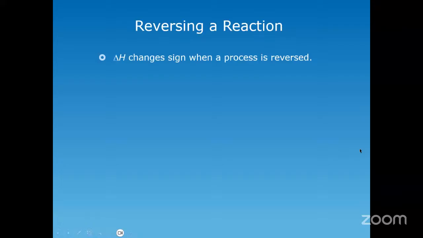Now, what happens if the reaction reverses? Well, in terms of what happens to the enthalpy change, the sign will change, all right?